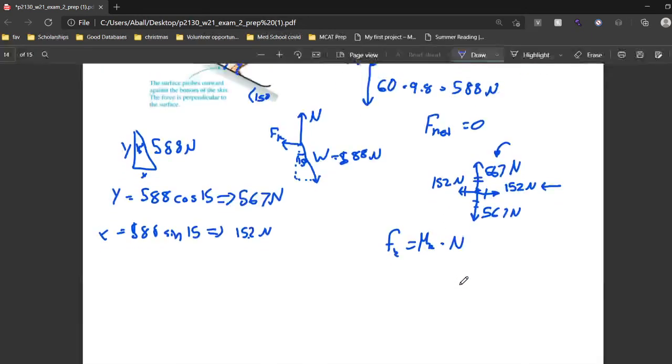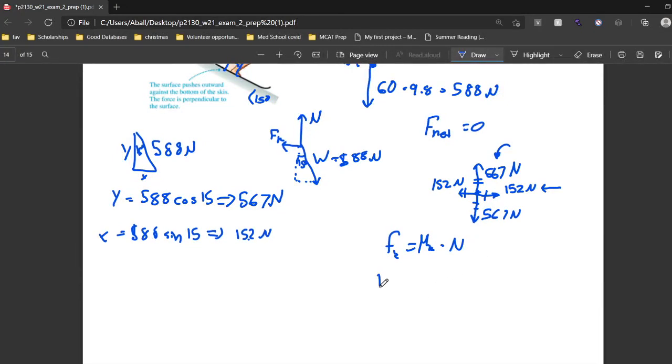So we can just plug in and solve for mu sub k. So 152 equals 567 mu k. That is an awful mu, I'm so sorry. And from there, we just divide 152 by 567, and that equals approximately, because we're rounding, 0.27. And that is our answer for mu sub k.